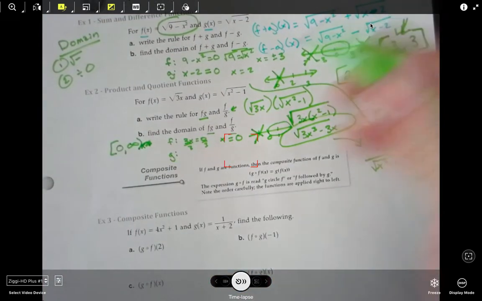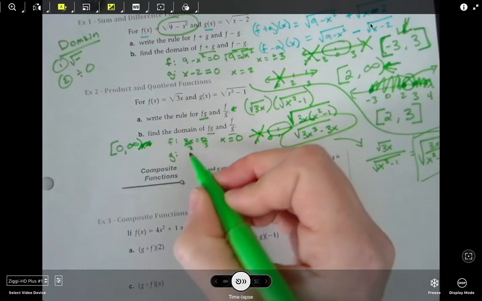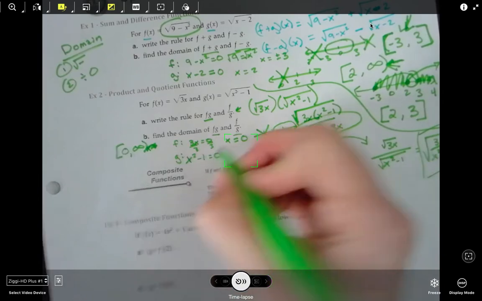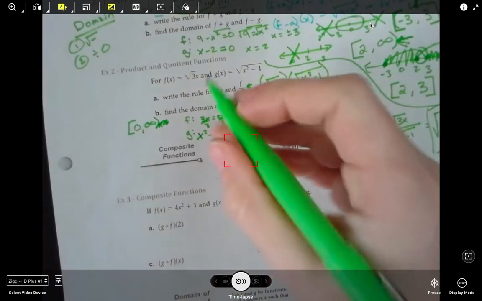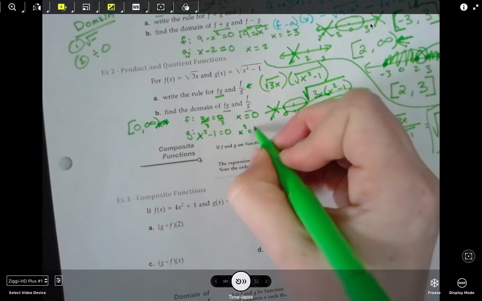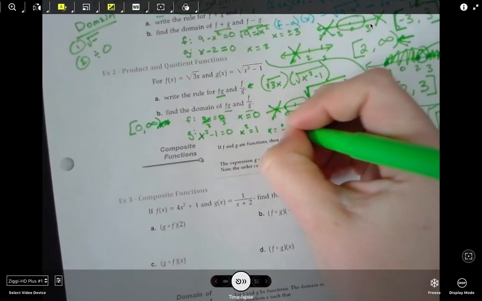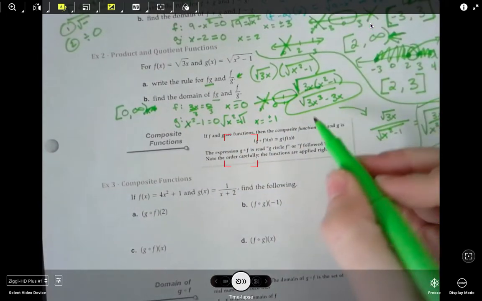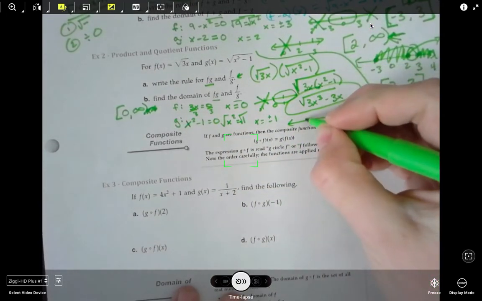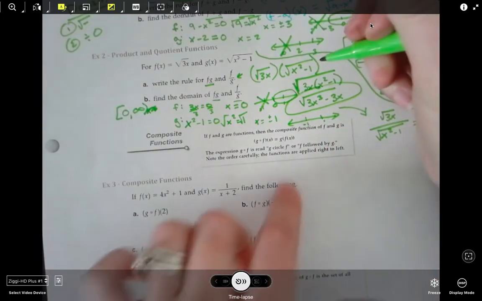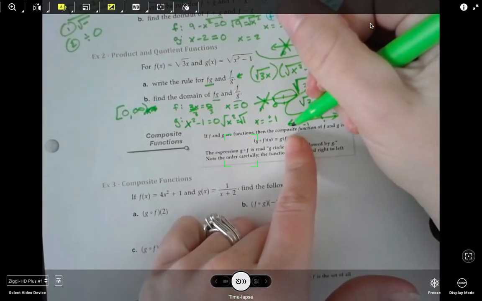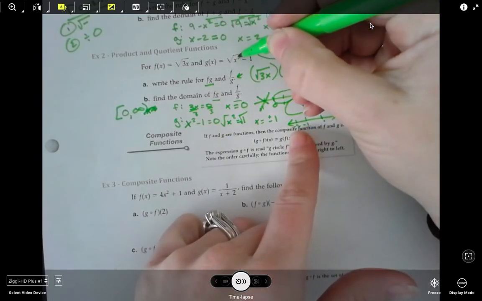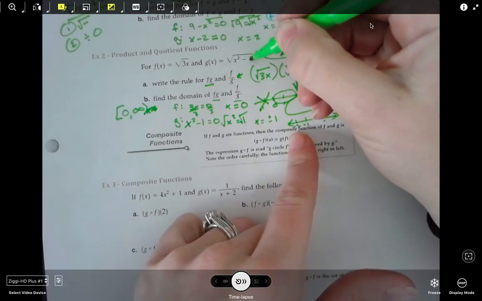Okay. For g, x squared minus 1, I'm going to set x squared minus 1 equal to 0. And that means x squared equals 1, and x equals plus and minus 1, if you take the square root of both of those. The square root of 1 is 1. So, I'm sorry, I am all over the place. -1, positive 1. If I plug in numbers that are less than 1, like -2, if I take -2 and square it, that's 4, and 4 minus 1 is good.